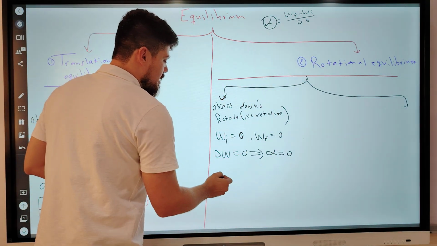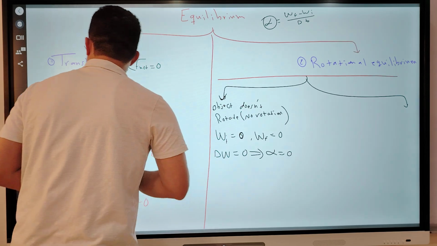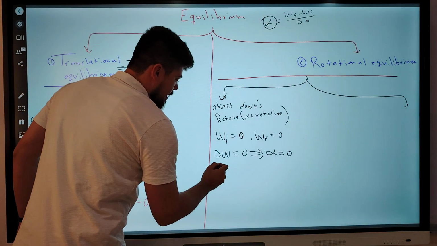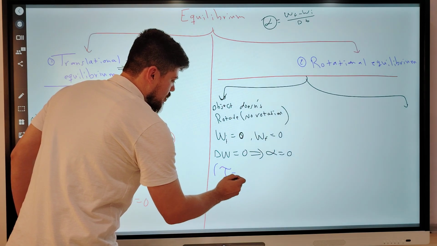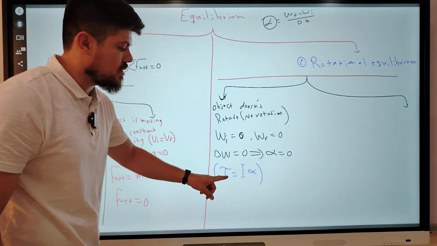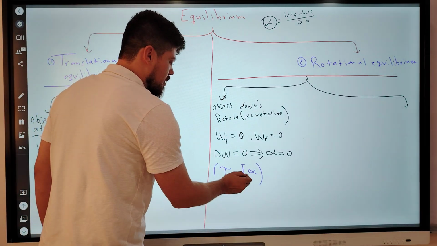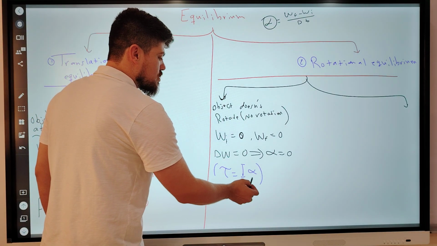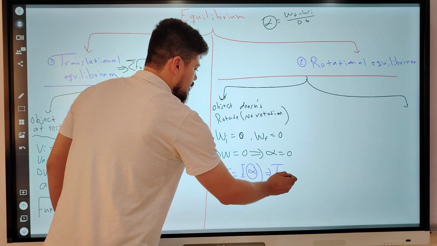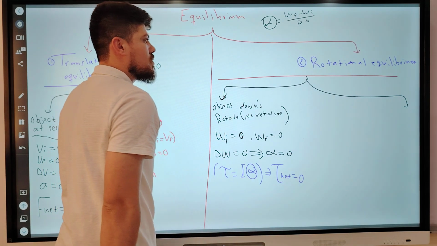Okay? When alpha is 0, according to Newton's second law for rotational motion, torque is equal to I alpha. This is Newton's second law for rotational motion. If alpha is equal to 0, what happens to the net torque? Net torque is equal to 0 also.